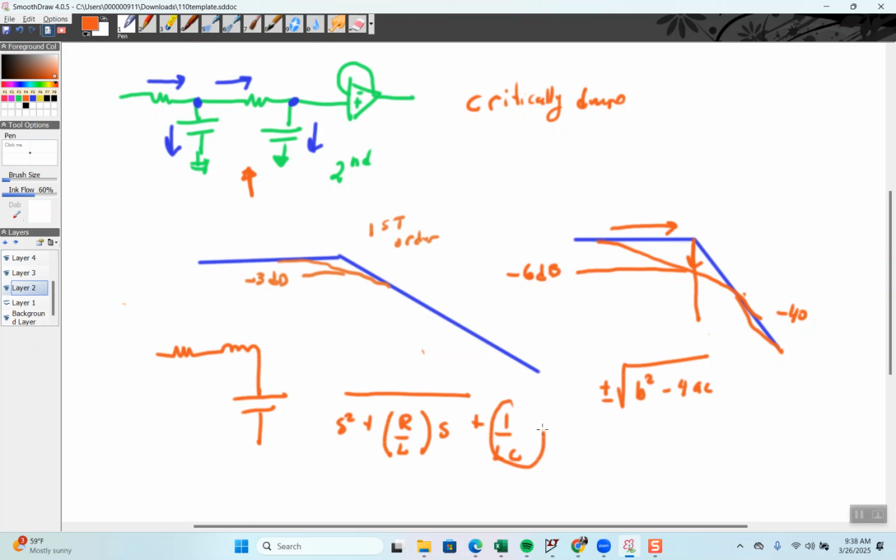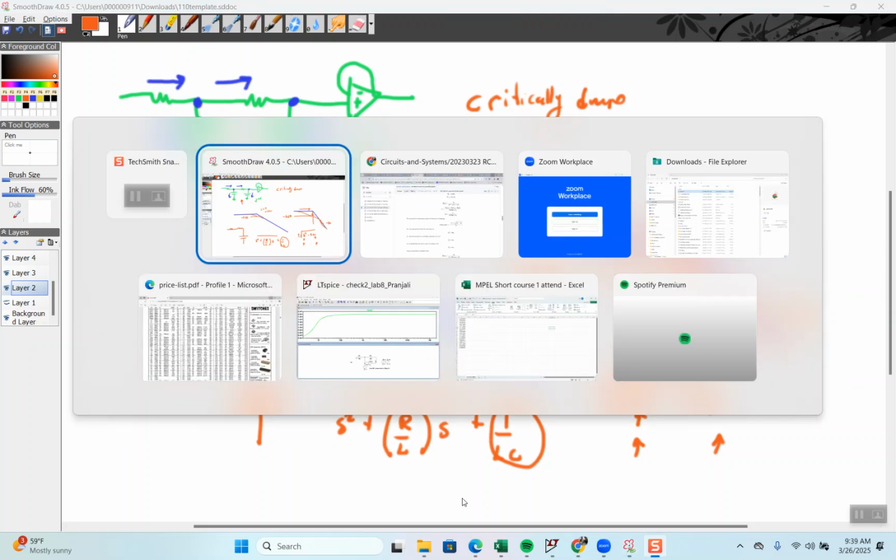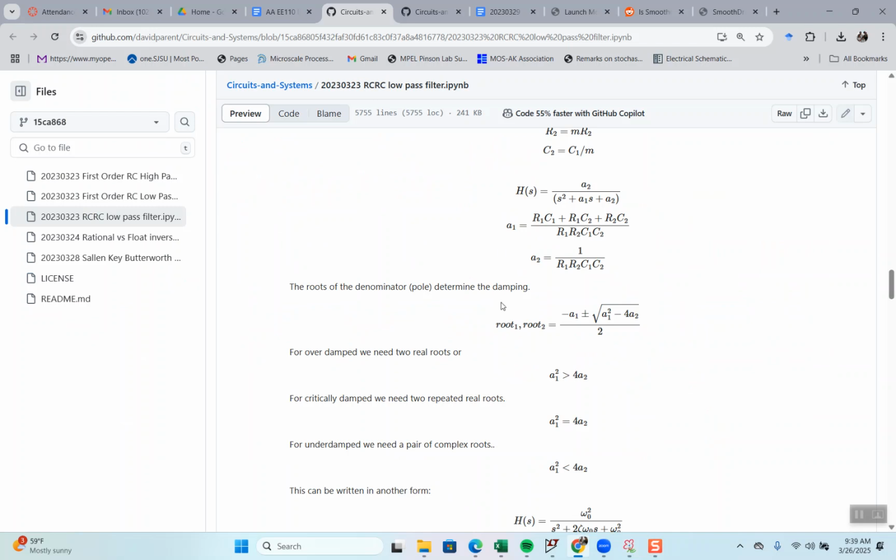Well, notice here L is in C and it's in B, but R is only in B and the capacitance value is only there. That means I can independently tune it. So if I set LC, I can find an R to give me over, under, or critically damped.